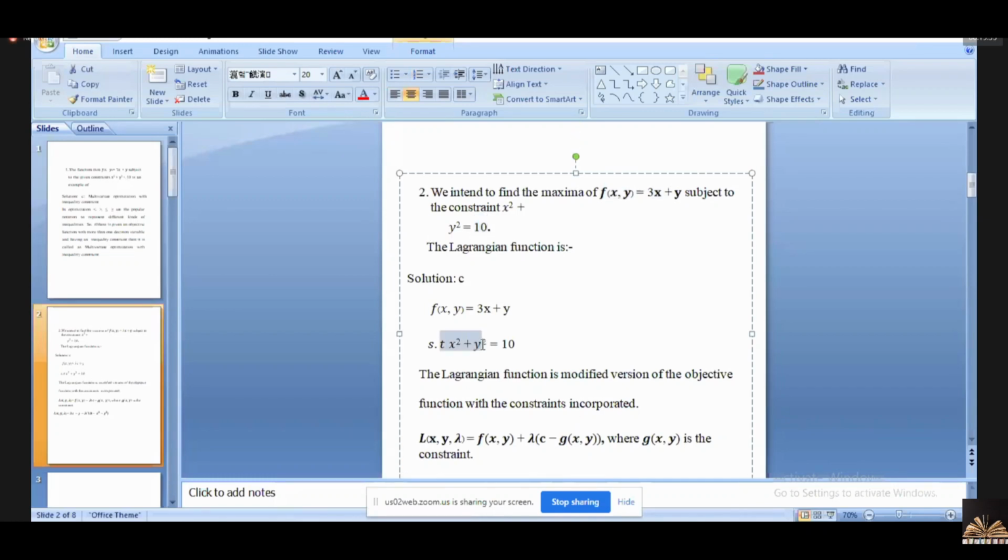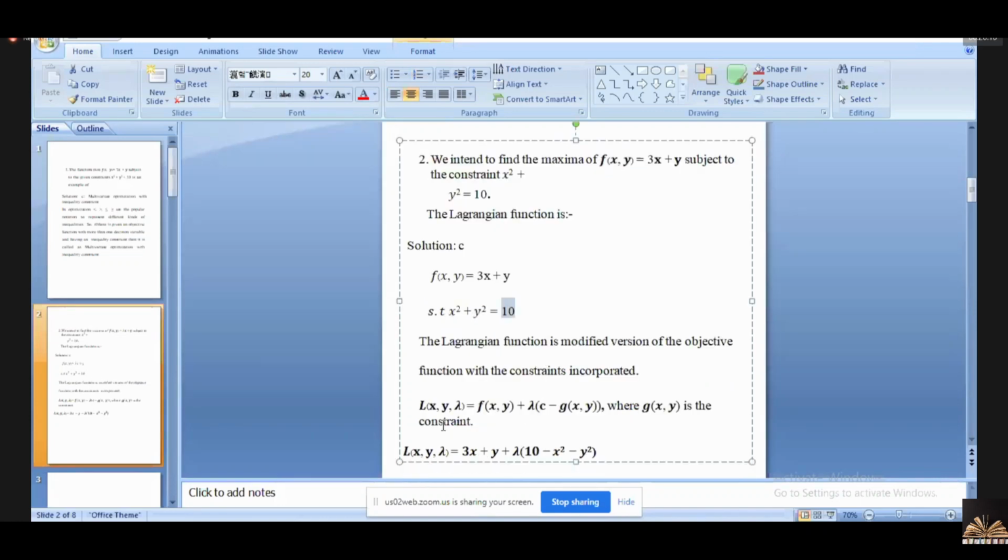Here g of x comma y is the constraint given in the problem, and c is the constant, here 10. This is the format we use to write the Lagrangian function.